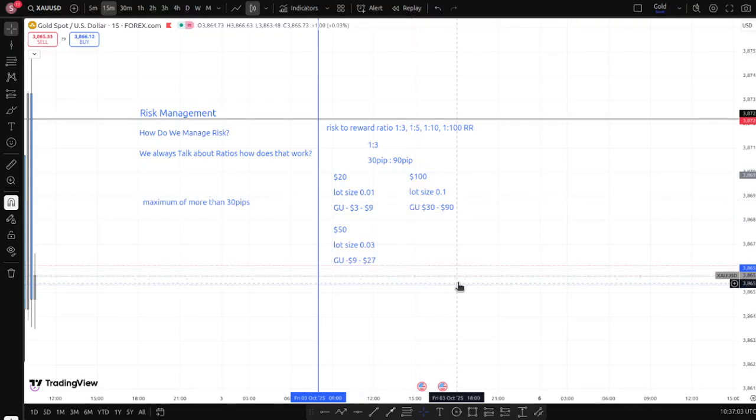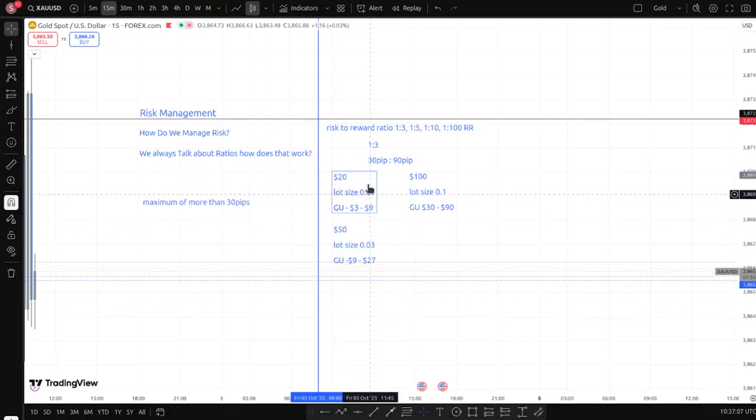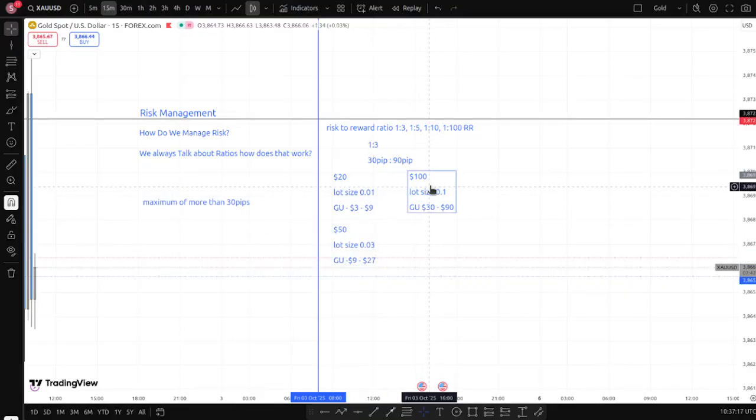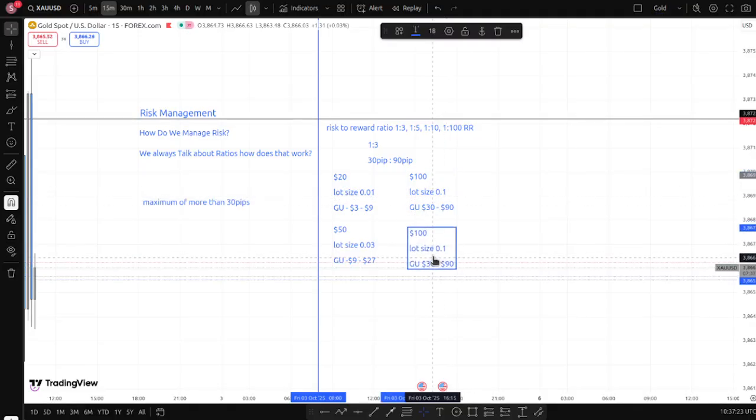Yeah? That's another one. See, you can see this one grew to this. So this $27, it just so happened that it went all the way to here. It took us here, using that lot of 1. Now we are going to upscale.